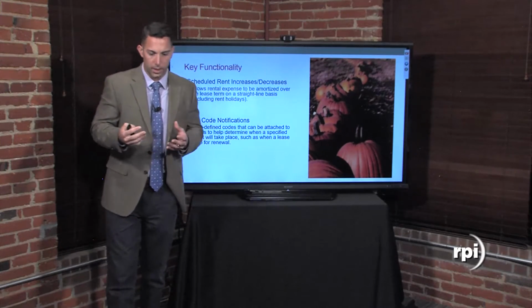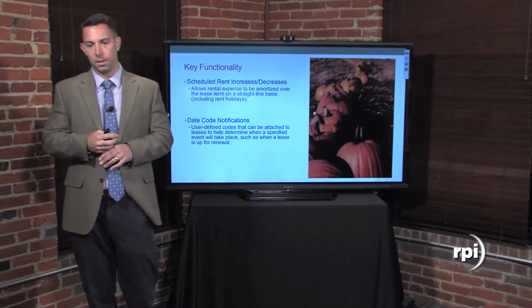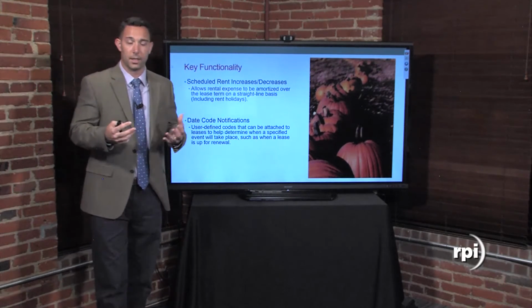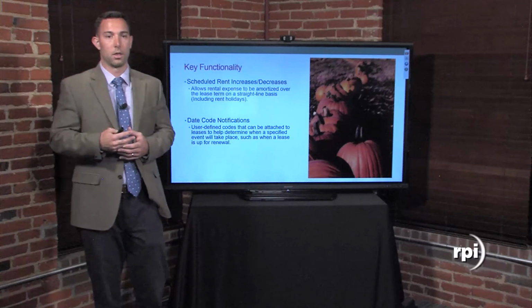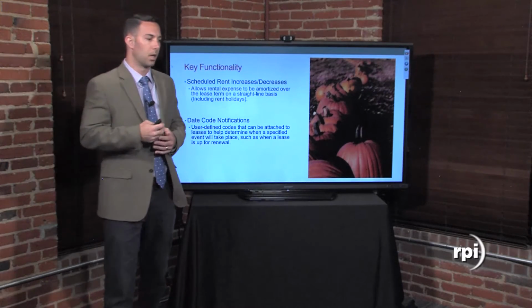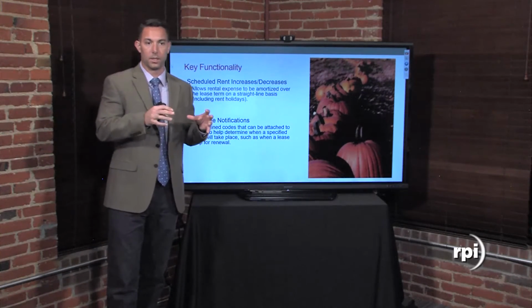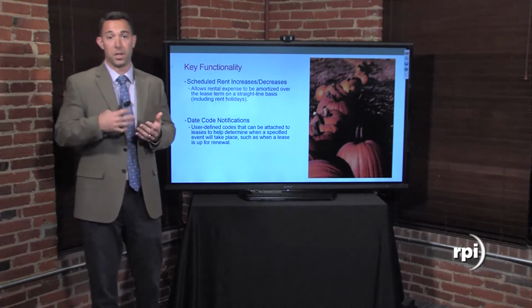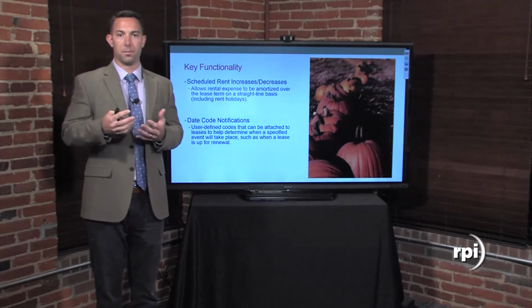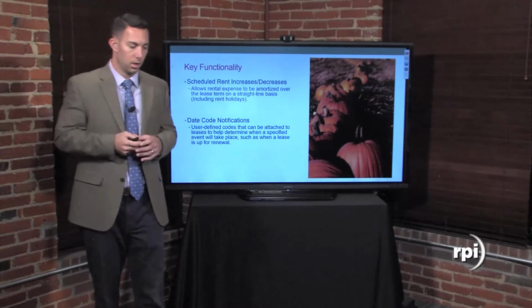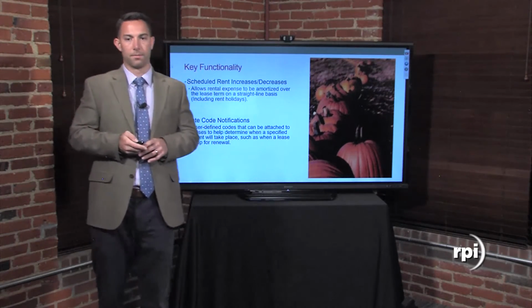So 3 years into a lease, and in the contract it's baked in to say a month or two before the lease expires, let us know if you want to renew that lease. So you can tag your leases with these codes and eventually report off of those codes to give you an idea of when you have to make contact with the vendor to, in this case, renew a lease.